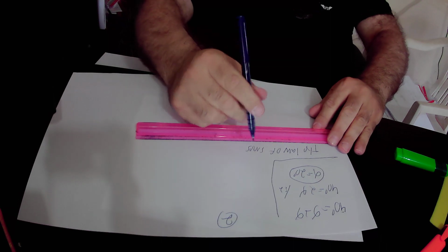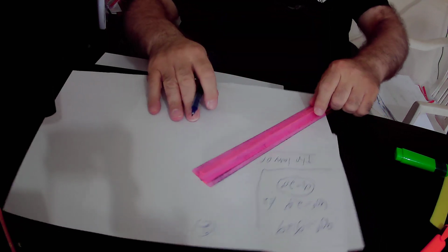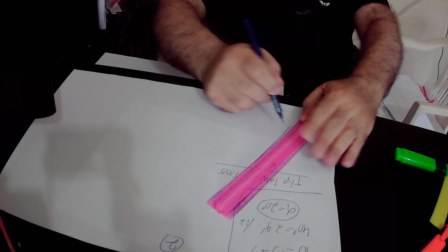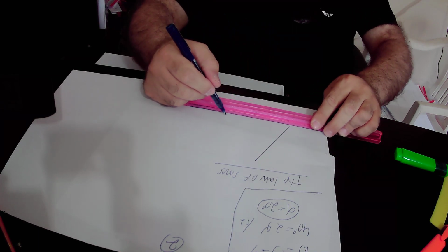So here we have triangle ABC that could be any triangle. This is triangle ABC.